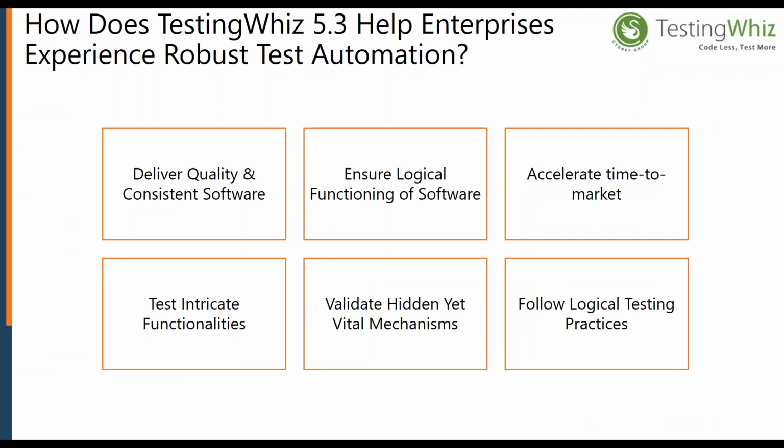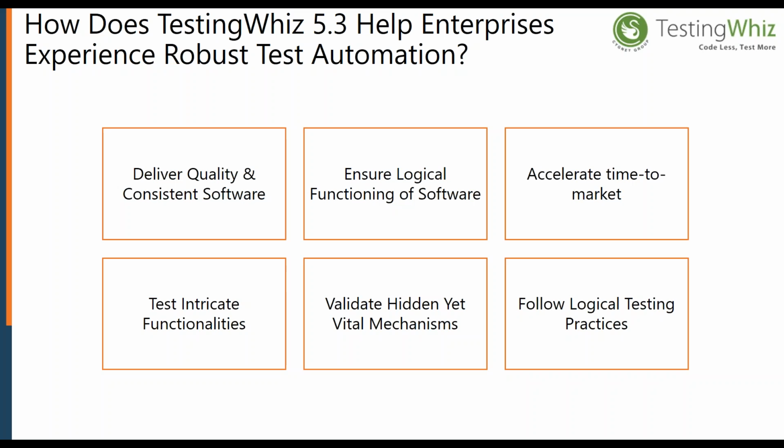So let us look at how these features can help enterprises bridge the gaps between their existing test automation efforts and the goals that they have from their test automation projects. With these features, as you know, it helps enterprises in delivering consistent and quality software and ensures that all the efforts they are making in their test automation program are logical.